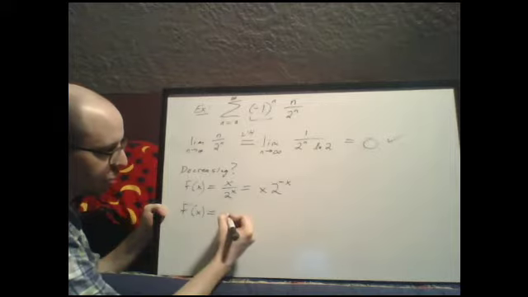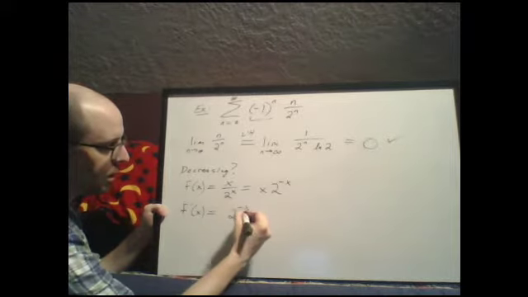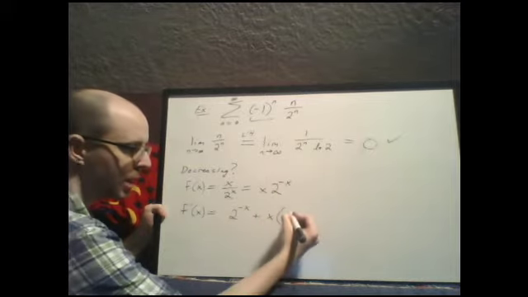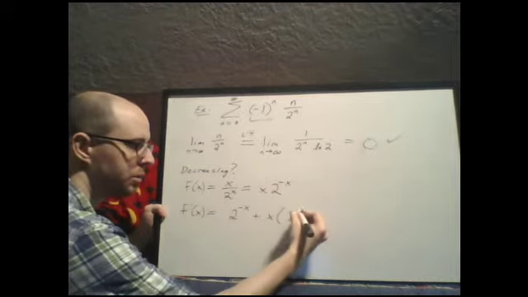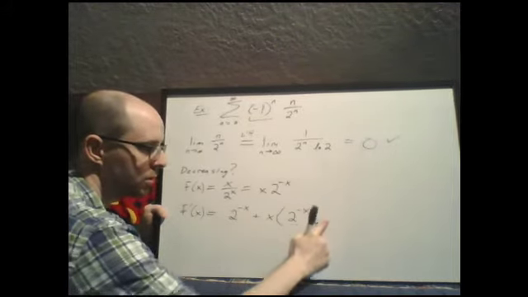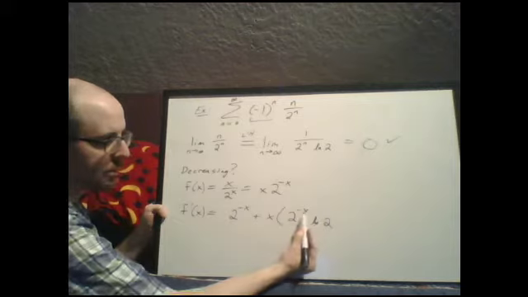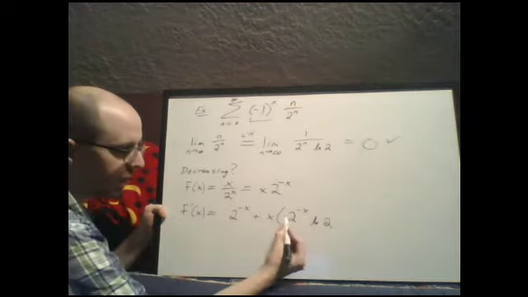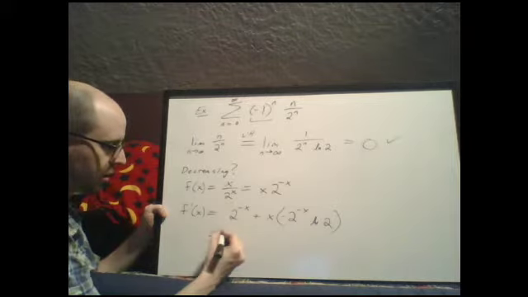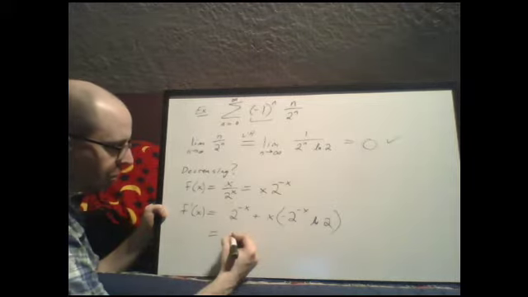Derivative of x is 1 times 2 to the minus x plus x times the derivative of 2 to the minus x, which would be 2 to the minus x ln of 2 times the derivative of the inside function, which is negative x, so times a minus 1. Let's factor out 2 to the minus x.